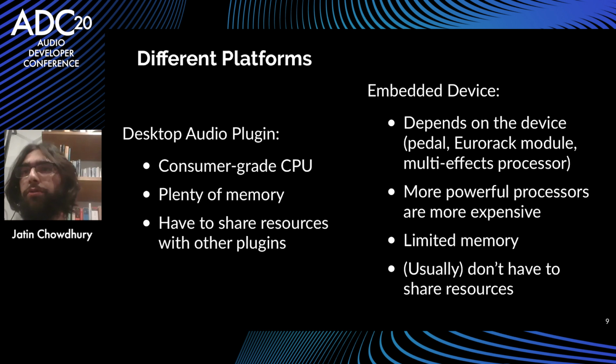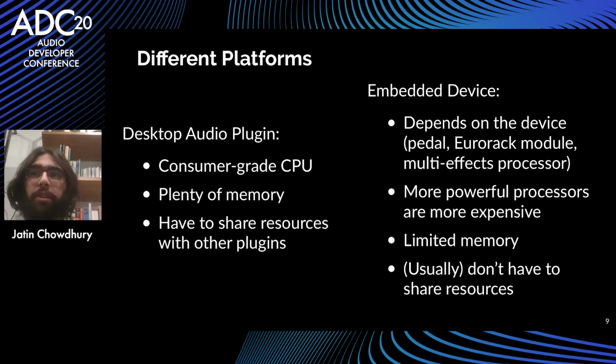Another approach would be to make some embedded audio system. So maybe this is a guitar pedal or a synthesizer module or something like that. In this case, you get to choose your processor. So you can choose what platform you want to run on, but the more powerful of a processor you need, the more expensive that's going to be. So there's a bit of a trade-off there. Typically in this situation, you will have somewhat limited memory.